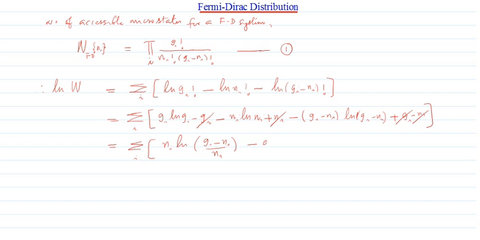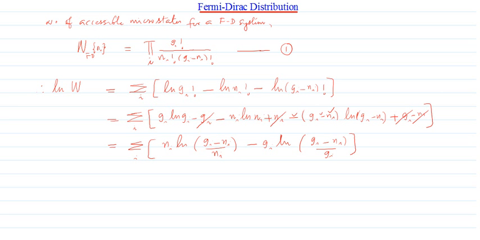Minus gi into, first I have taken this one, this minus and this minus have become plus, so that is why I got the first term. Then the second term will be minus gi log of (gi minus ni) divided by gi. Note it here: it is (gi minus ni) by ni here, and (gi minus ni) by gi here, multiplied by the two corresponding terms.